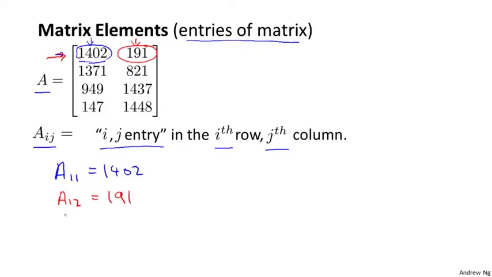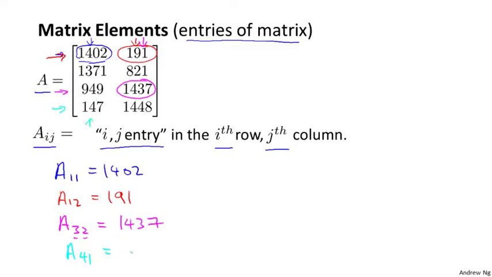Just a couple more quick examples. Let's say A32 refers to the entry in the third row and the second column, right? Because that's 3, 2. So that's equal to 1437. And finally, A41 refers to this one, right?